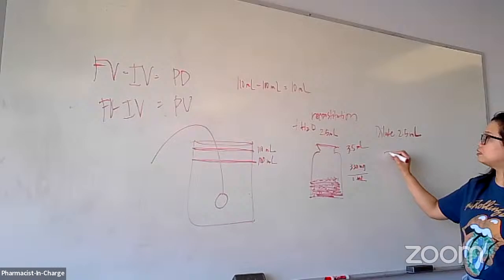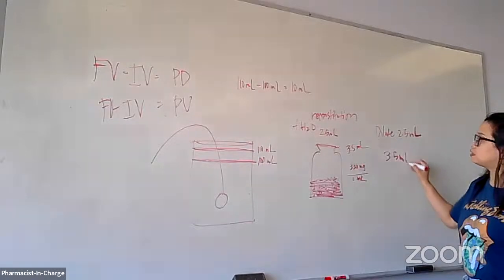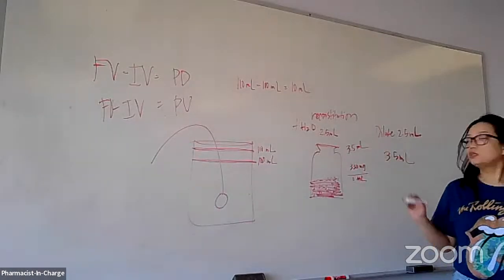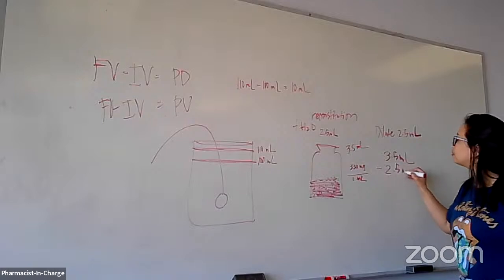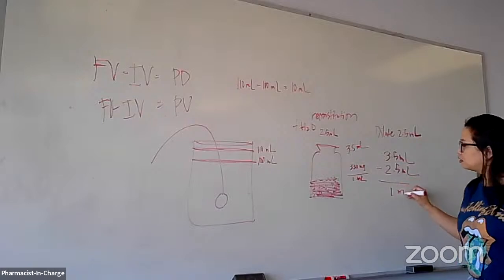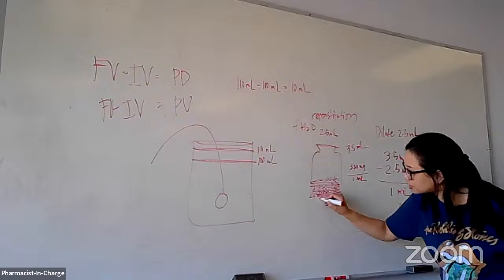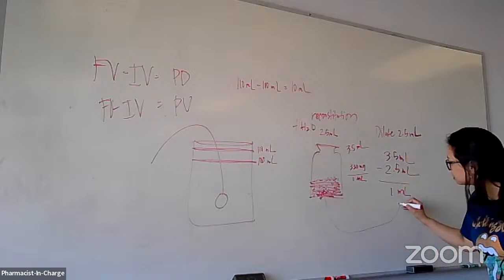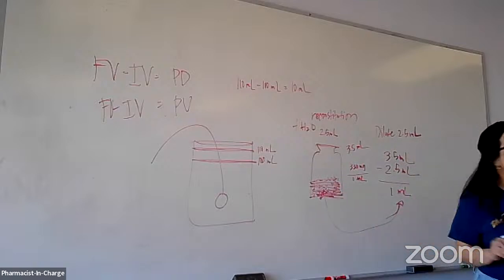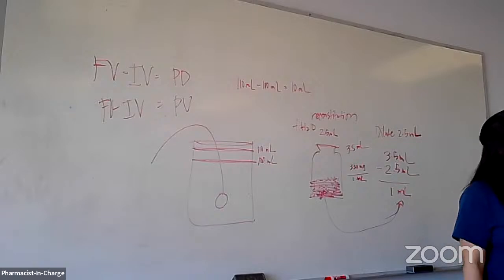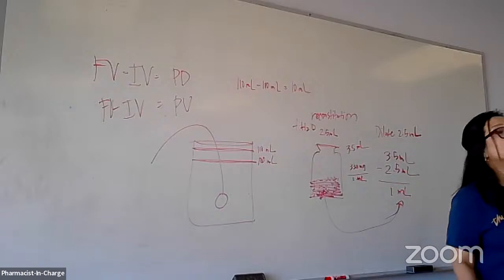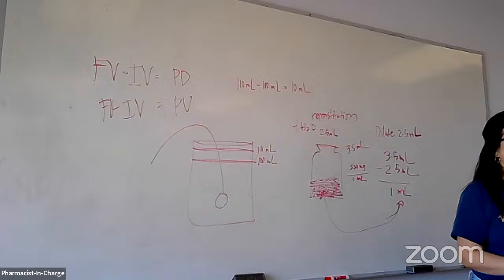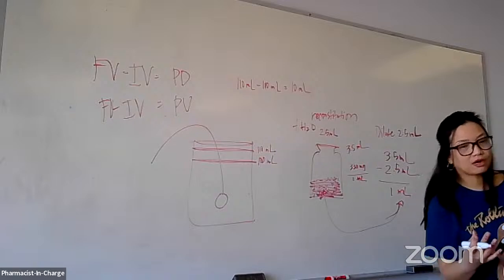Final volume is 3.5 ml. What's the initial volume? Minus 2.5 ml is 1 ml, which means this powder, after dissolving, accounted for 1 ml. You follow? That's the powder displacement or powder volume.